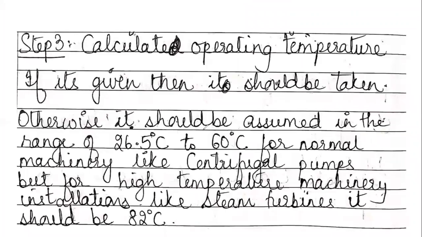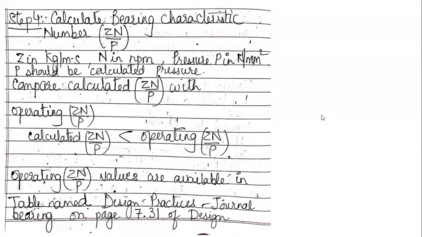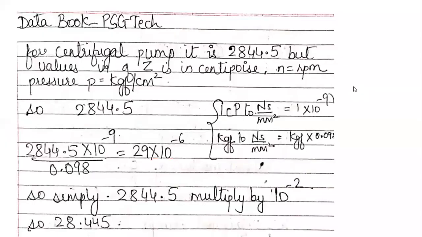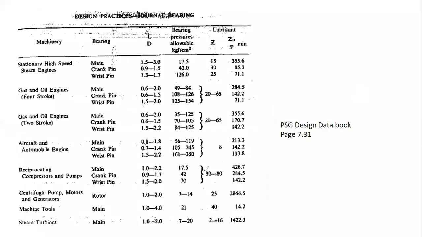If it is given, that's okay. Not given, you have to select it between 26.5 degrees C to 60 degrees C. Fourth step, you are going to calculate bearing characteristic number and check if the calculated bearing characteristic number is less than the operating bearing characteristic number, which is available on page 7.31 of PSG design data book.